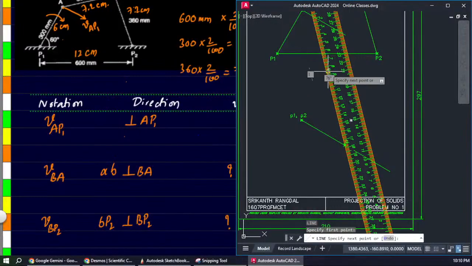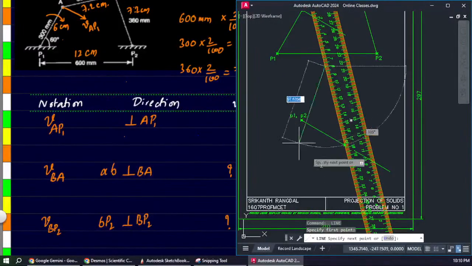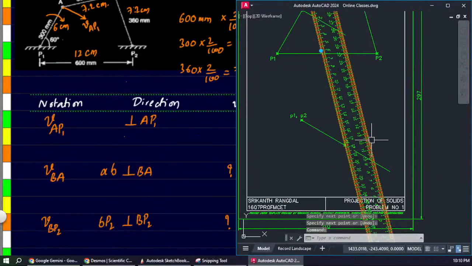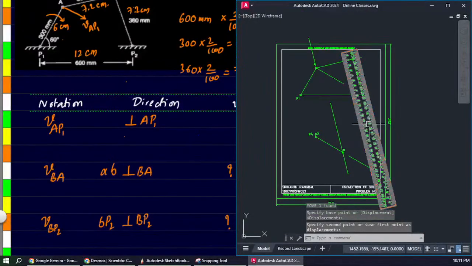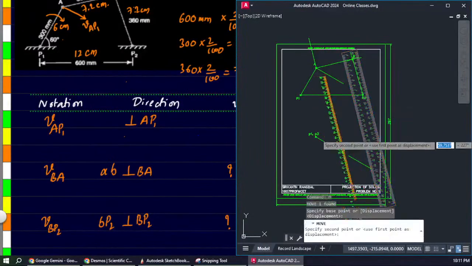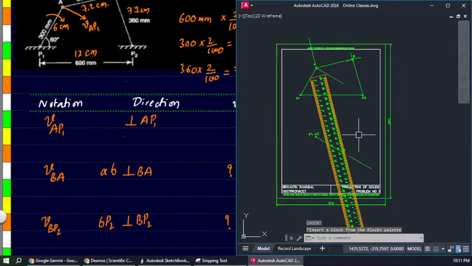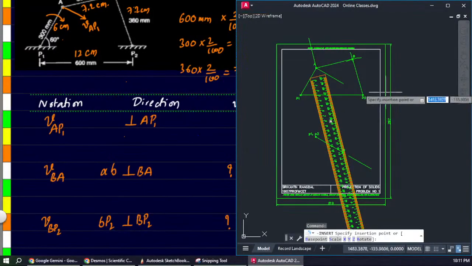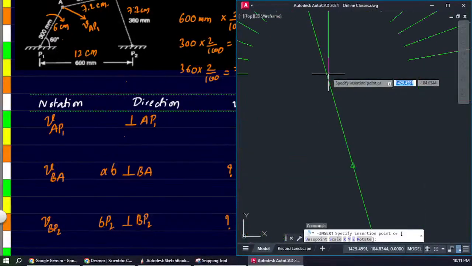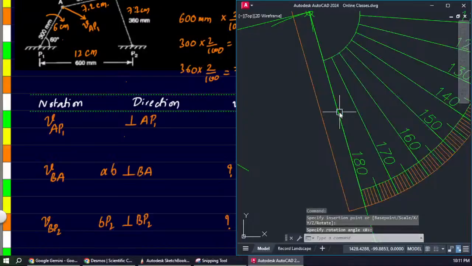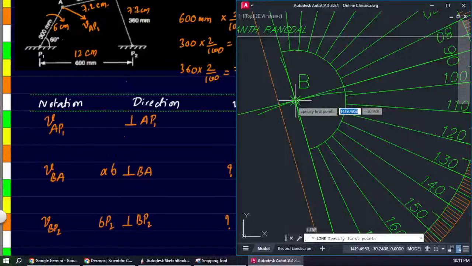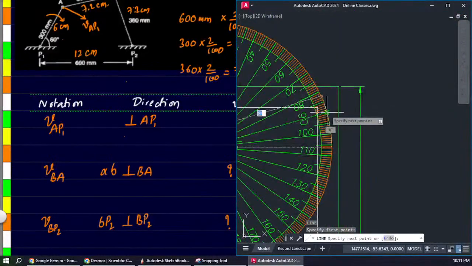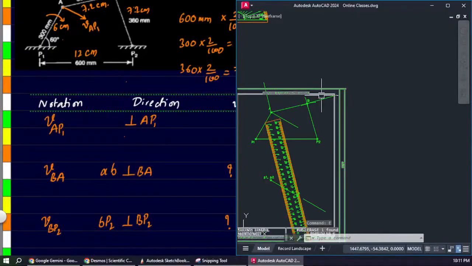Then draw some random length. And then here once again I'll have to draw a perpendicular. So this line is perpendicular to BP2.